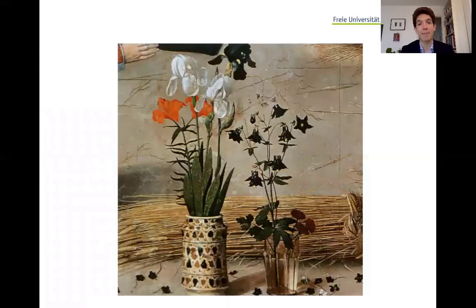And at the same time, as we have already seen in Van Eyck, Hugo van der Goes managed to render here some of the earliest still lifes of flowers in the history of European art.